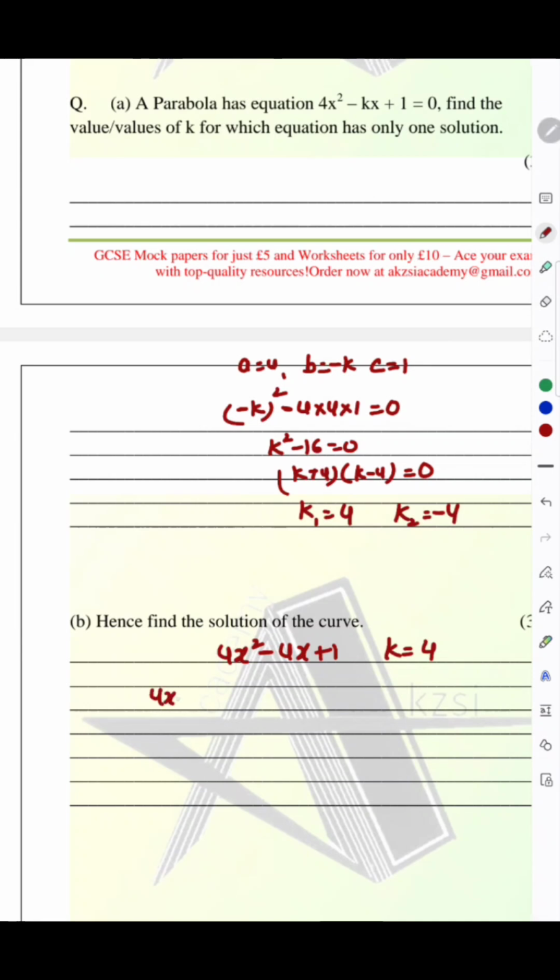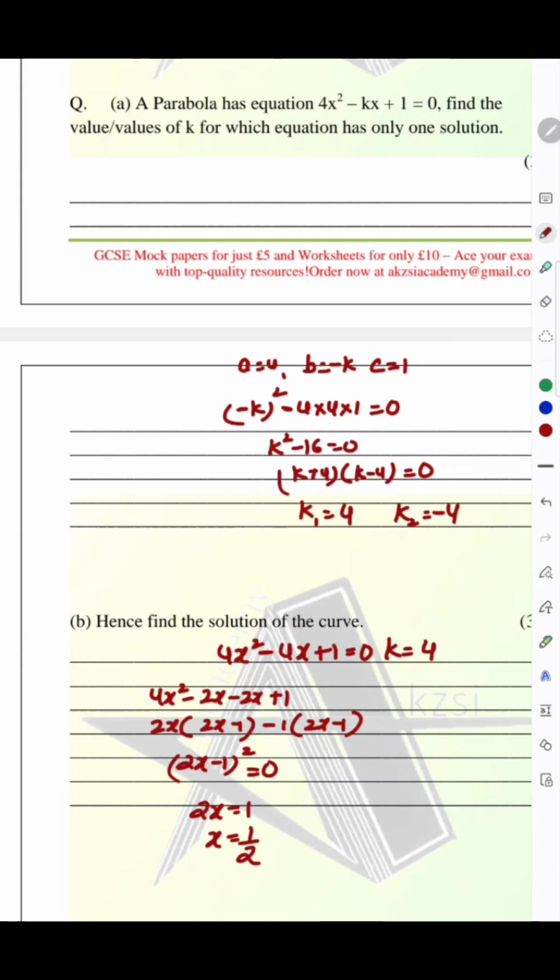So 4x squared minus 2x minus 2x plus 1. Taking out 2x as common, 2x minus 1 and 2x minus 1. 2x minus 1 times 2x minus 1, that is whole squared, is equal to 0. Or we can say 2x is equal to 1 and x is equal to half.